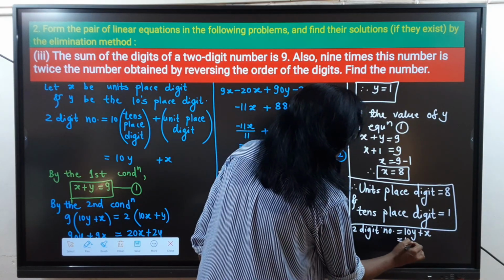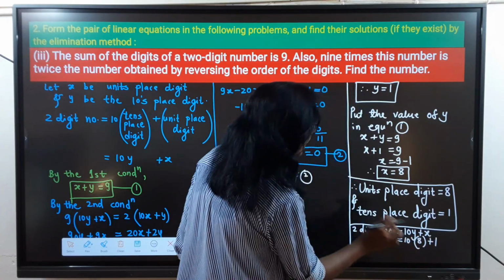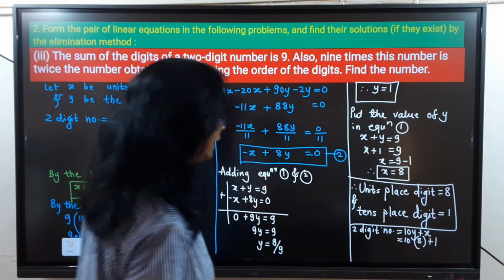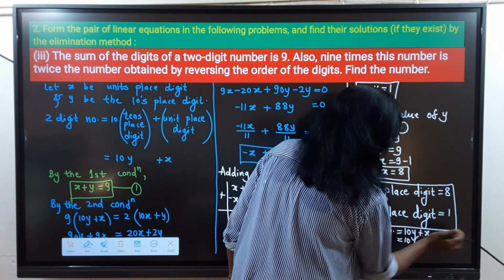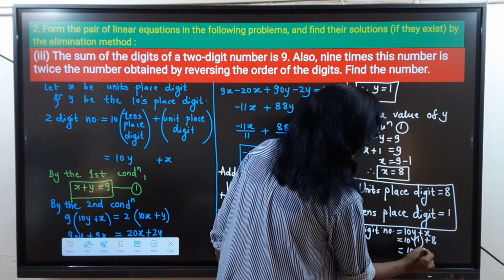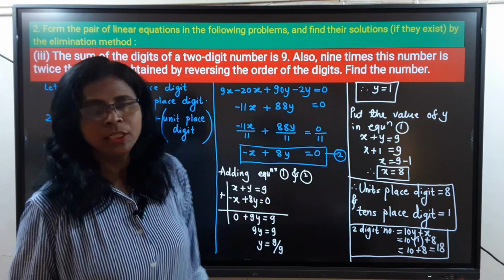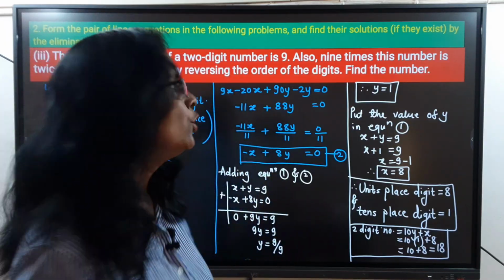That means 10 multiplied by 1 plus 8. So 10 plus 8, and that means 18. So finally we have the 2-digit number, and that 2-digit number is equal to 18, students.